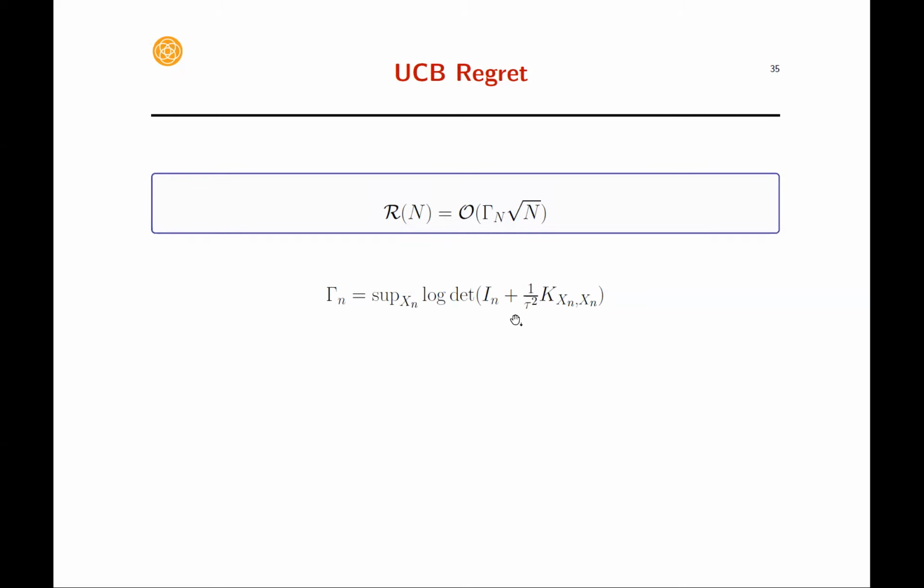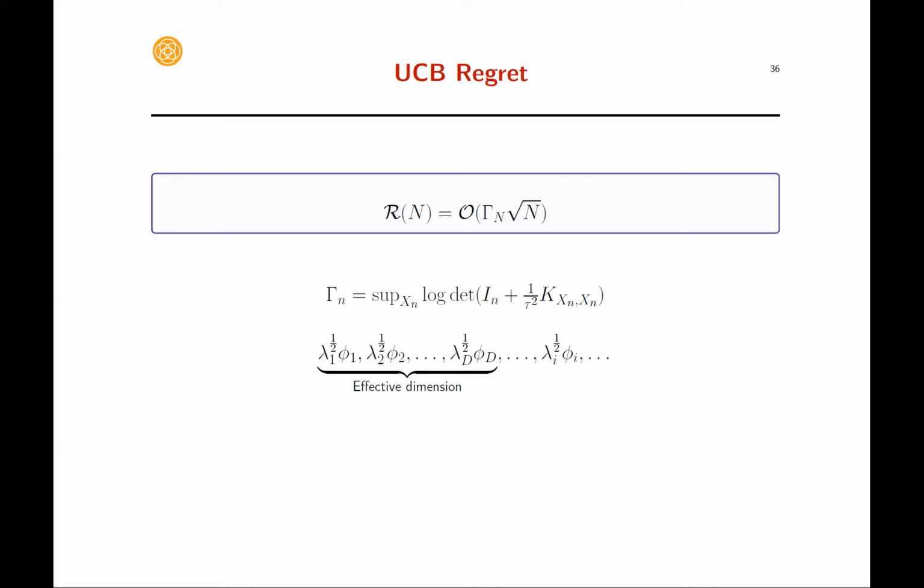But intuitively, to understand what is happening, I'm going to explain it in a different way. So gamma n can also be explained in this way. In a kernel-based model, as I said, we have a linear model in the infinite dimensional feature space uniquely determined by the kernel. But for finite data, not all the features are going to be important.